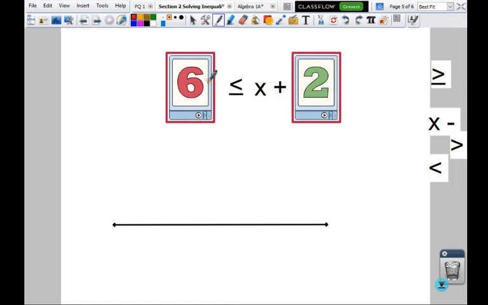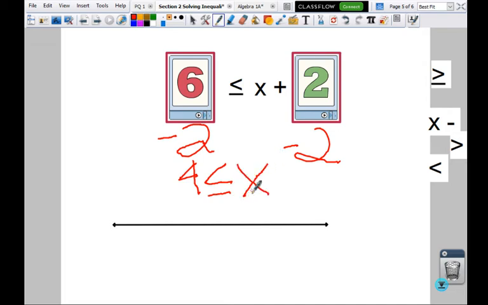Alright, what's the first step? Minus 2, there you go. And then minus 2. Keep it going. And then you go down here and you've got 4. Then you put the x.